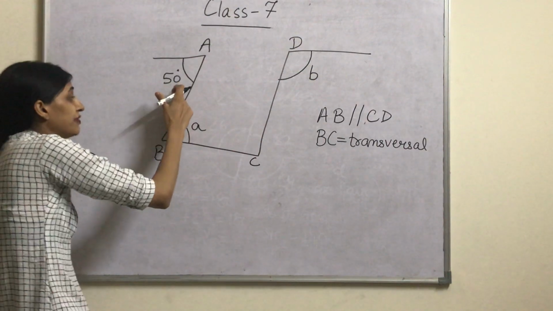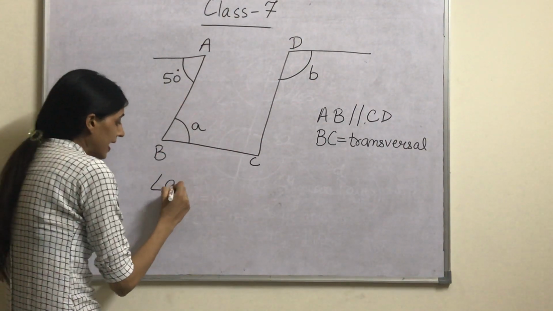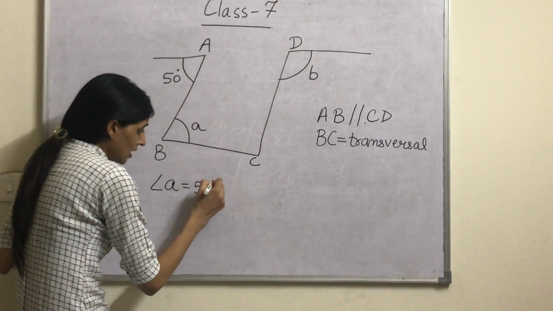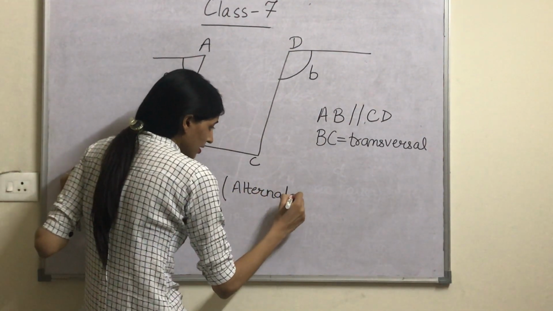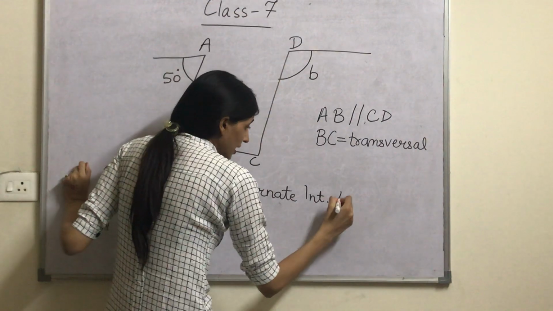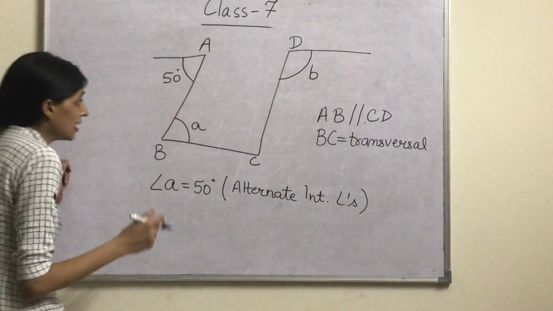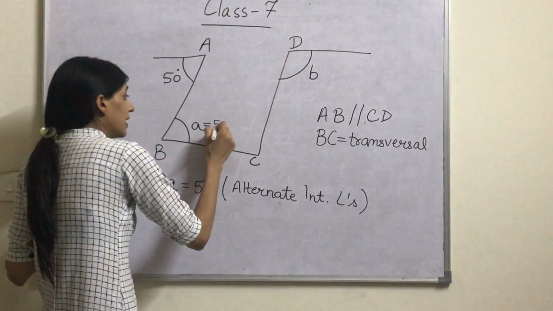That means 50 degree is equal to angle A, alternate interior angles.